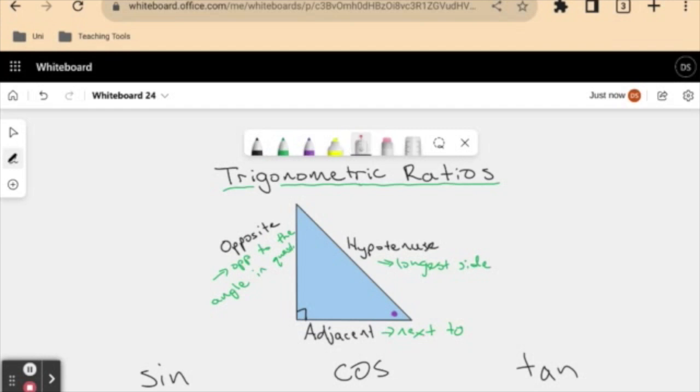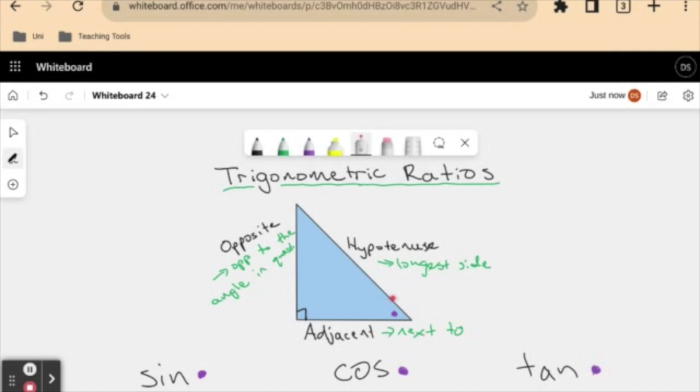So I'm going to use this angle that I've drawn here. I'm going to say the sine of my purple dot, the cosine of my purple dot, and the tan of my purple dot. That's just saying these are the ratios of sides in relation to my angle of choice, which is this purple dot.